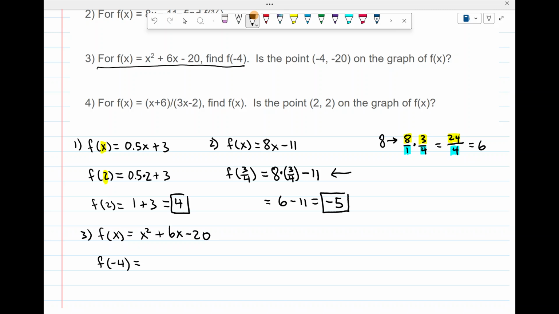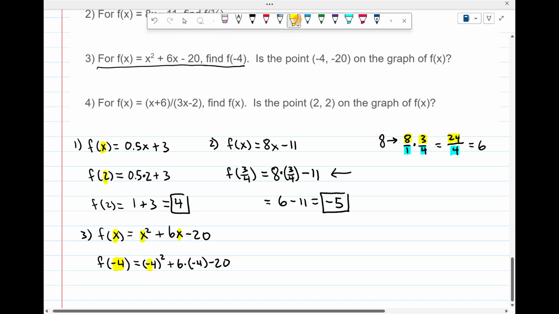One thing I do when I'm plugging in a negative number is I'll often use parentheses when I plug it into my equation. And again, just notice everywhere I had an x, I replaced it with -4.